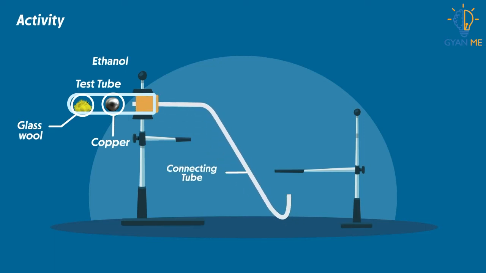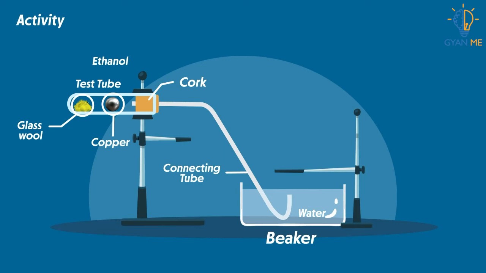Now fix a condensing tube or connecting tube with the help of a cork at the open end of the test tube. Keep the other side of this connecting tube submerged in the beaker containing water. We also place a test tube inverted like this to collect the liberated gas over this condensing tube.